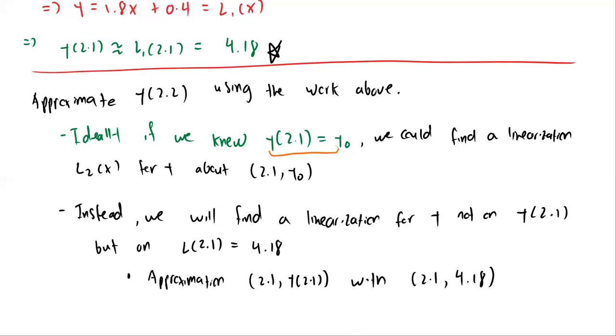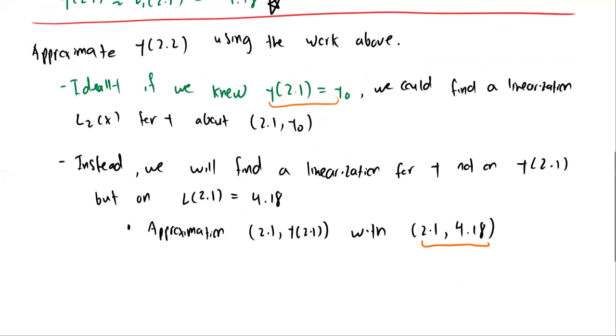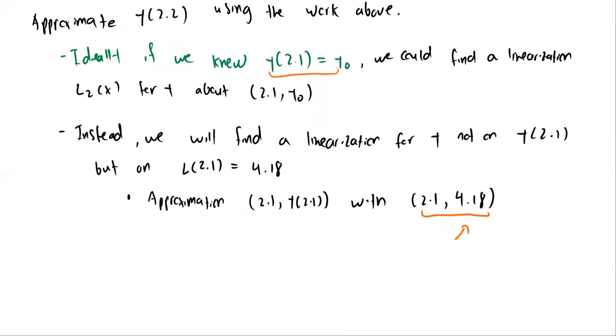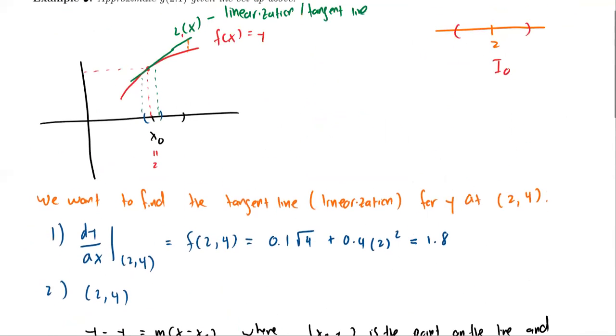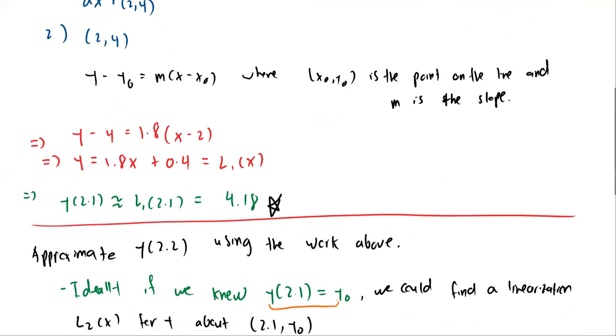So what are we going to do? Again, same process. We're going to do a linearization instead about the point (2.1, 4.18). Again, this is an approximation of the actual point. We don't know that this point lies on the graph, and most likely it doesn't lie on the graph of y. However, we're hoping it is close enough, and we're hoping that doing a linearization about this point is more accurate than doing a linearization about the original point (2, 4), which we already have that linearization.